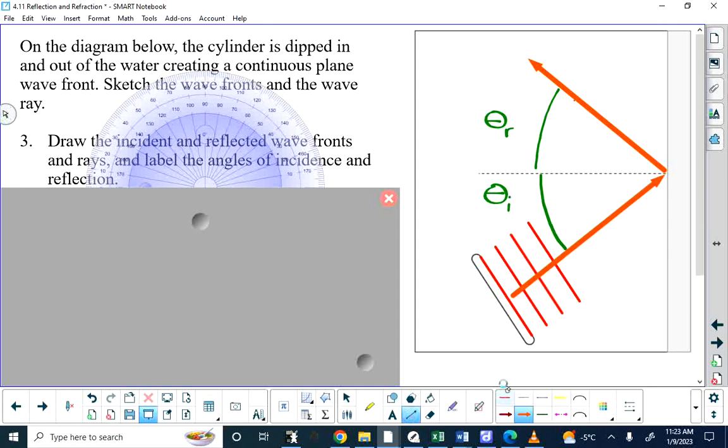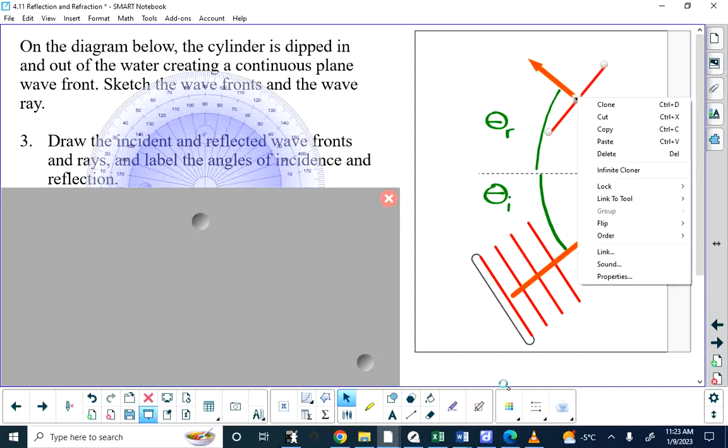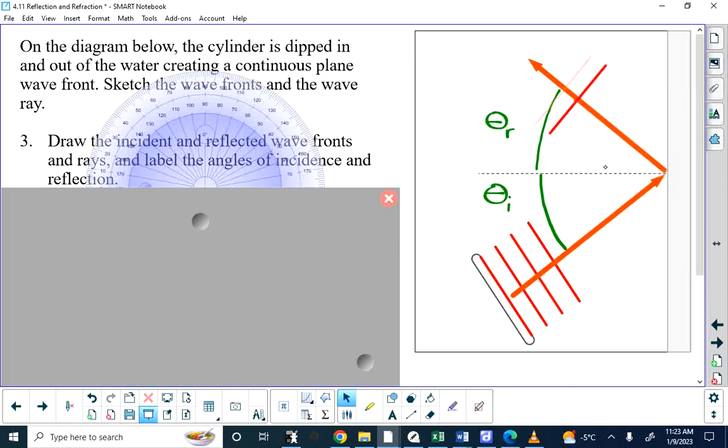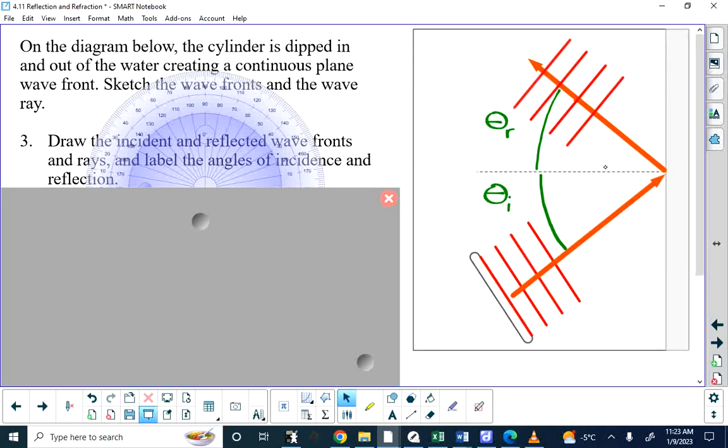The wave fronts over here are traveling up and to the left, and they have to be perpendicular to the wave rays. It doesn't really matter how many I draw or where I draw them. I suppose it is important for me to keep them equally spaced as they were before. And that's what you're looking at.